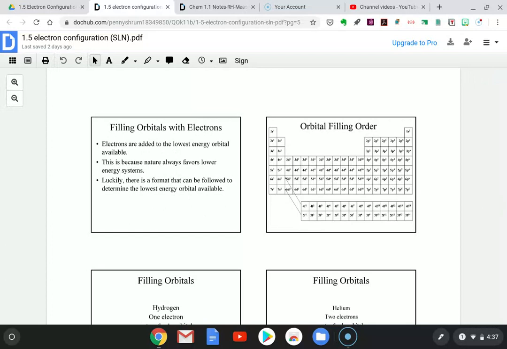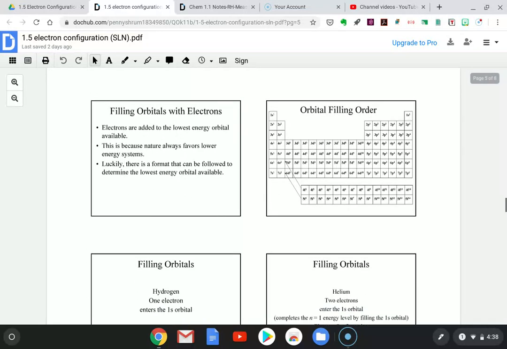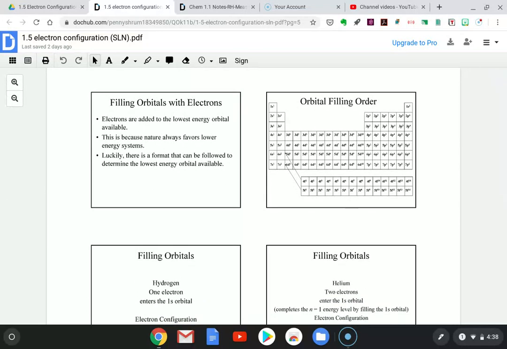It doesn't matter what we're talking about, nature will always take us to the system that has the lowest energy. So luckily there's a pattern we can follow to determine the lowest energy orbital available, and that certainly makes it a lot easier.